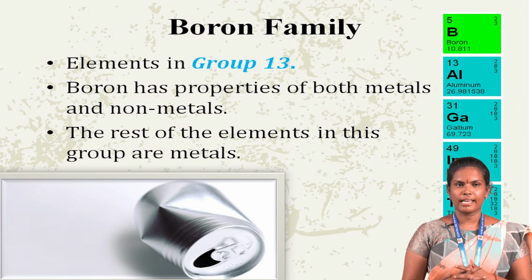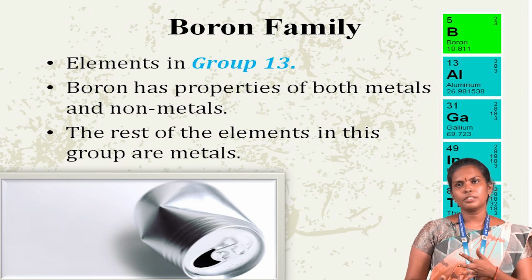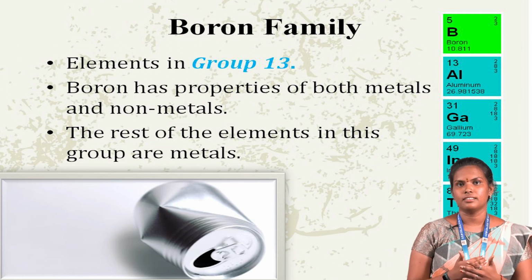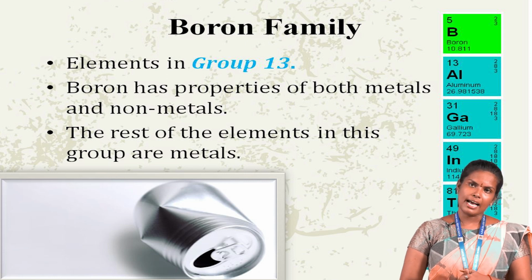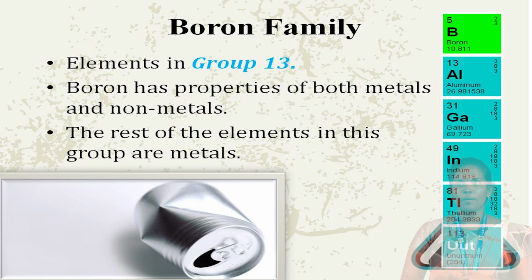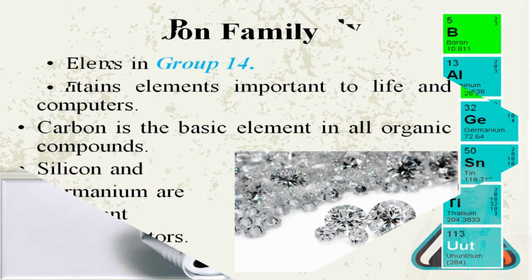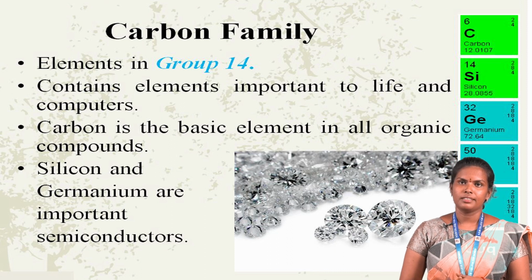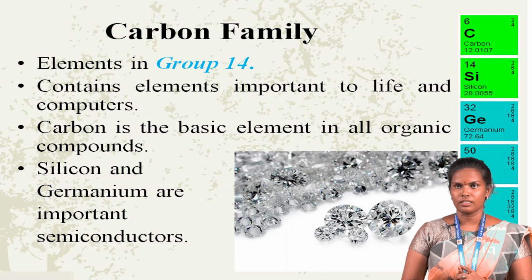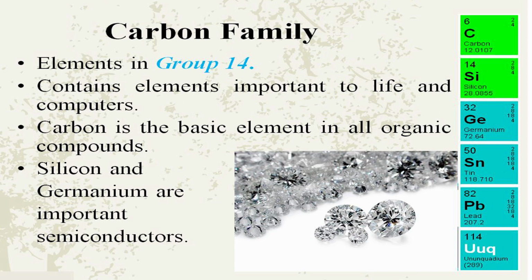Next, boron family. These elements are present in group 13. Boron has properties of both metals and non-metals. The rest of the elements in these groups are metals. Carbon family. These elements are present in group 14 like carbon, silicon, germanium, tin, lead and iridium.